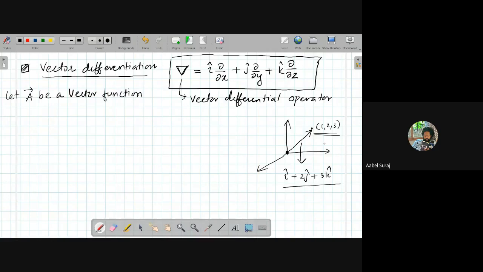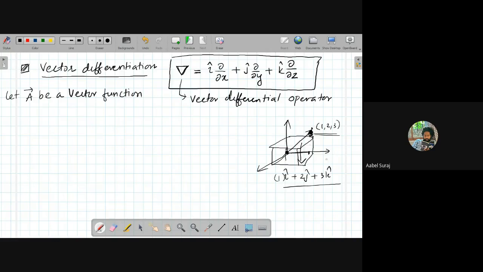A vector is used to point to a particular point in space. If you move 1 unit along the x-axis, 2 units along the y-axis, and 3 units along the z-axis, you will get a cube, and the final point will be 1, 2, 3. So this is the idea of vector notation.